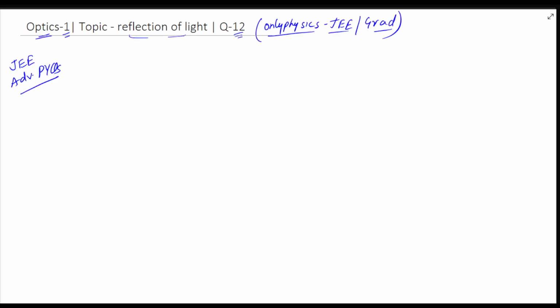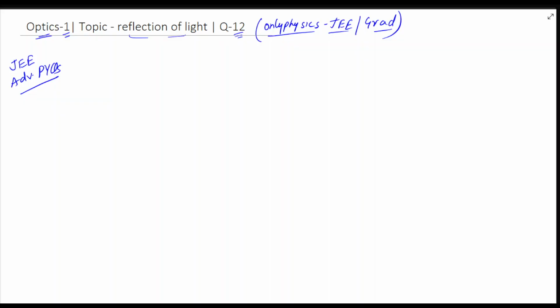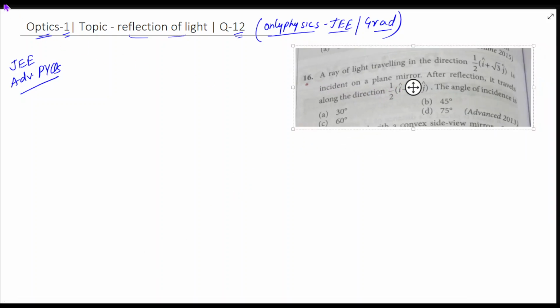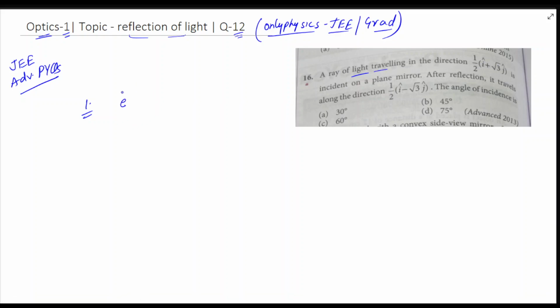Okay. So let us start with our first question. Right. So in this question, we have a ray of light traveling in the direction E cap, I cap, right?